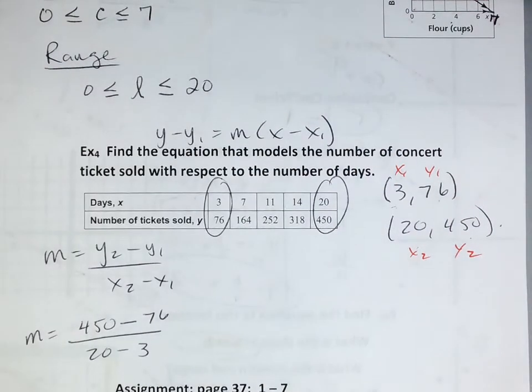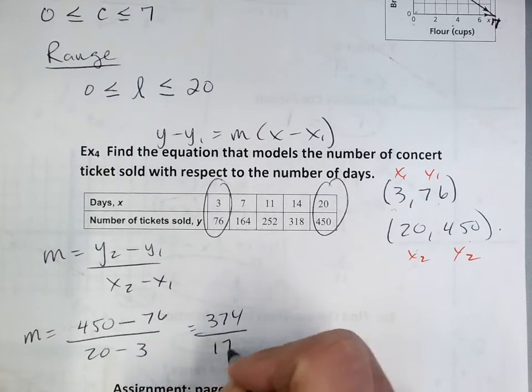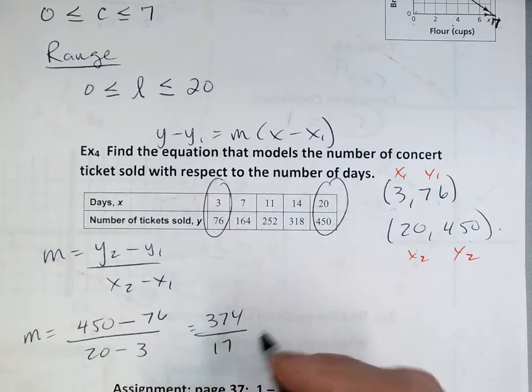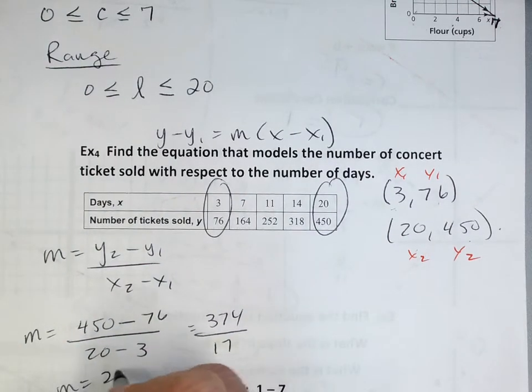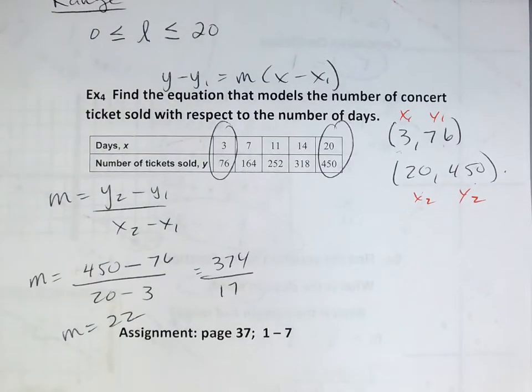Hold on, give me a second. 450 minus 76 is 374 over 17. And this time, it's 22. Cool, it's a nice number. So that means we're selling 22 tickets a day. Really, that's what that means. 22 tickets a day is the slope, okay?